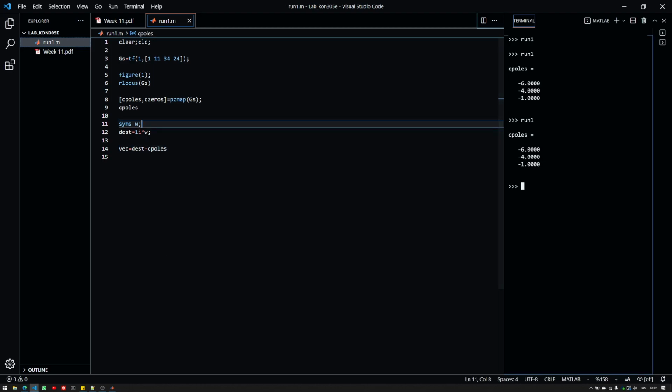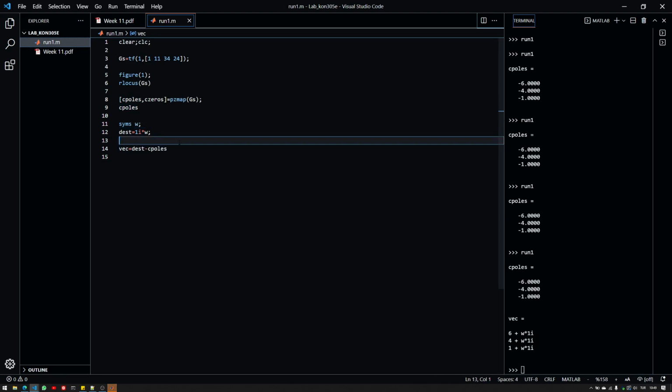The only problem that I might face is that, okay, it could have been the case in other programming languages that destination is a scalar and poles is a vector, but in MATLAB, as I've probably told you before, operations with vectors and scalars are handled well here.